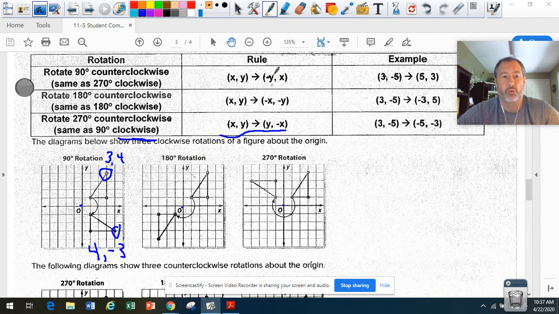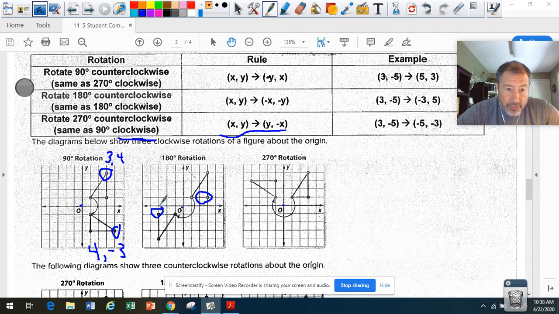Following these rules is extremely important. Okay, now this one here, we're going clockwise. Let's take this point here, which is the same as this point here. Now, what does it say for a 180-degree clockwise rotation? It says keep the X and the Y the same, but do the opposite.